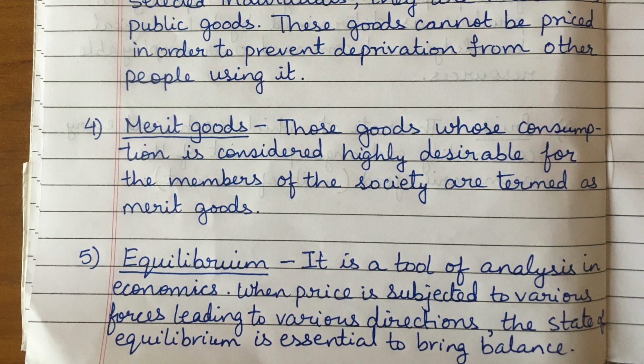Goods whose consumption is considered highly desirable for the members of the society are termed merit goods. The important feature of a merit good is that its consumption benefits both the users and the non-users. For example, if a person is educated and healthy, it not only helps him but also the society as a whole.